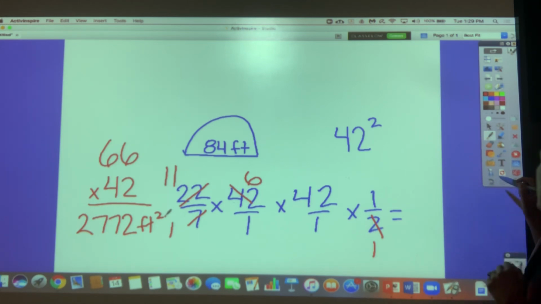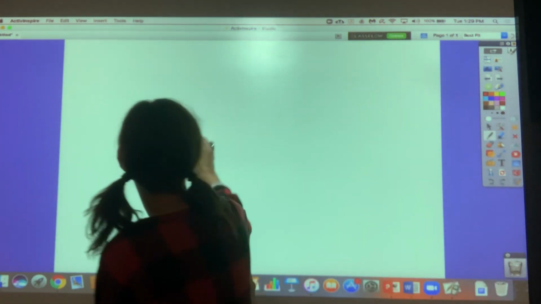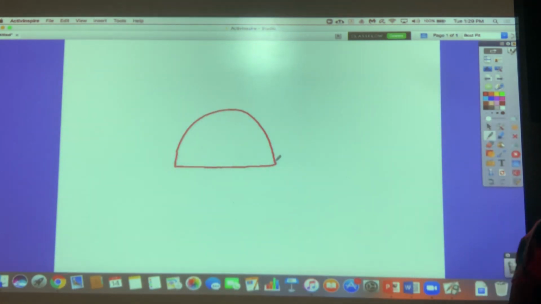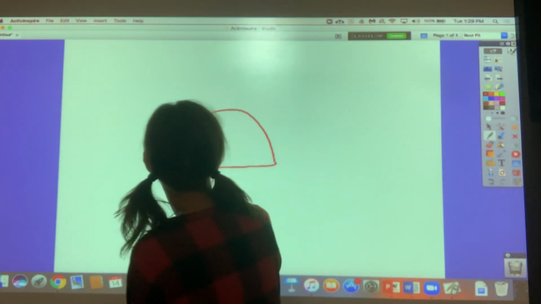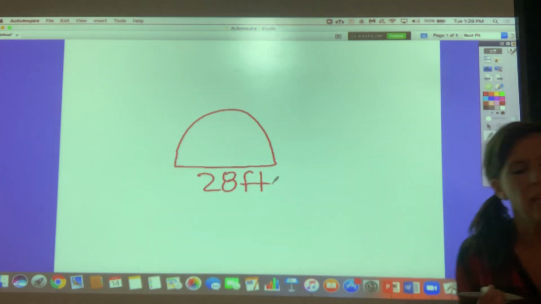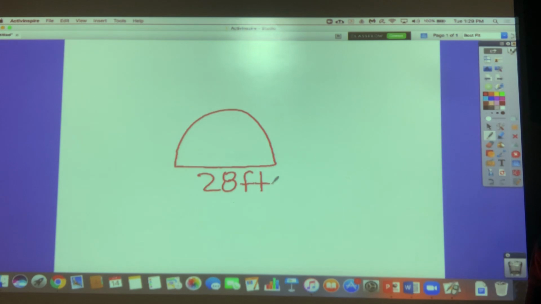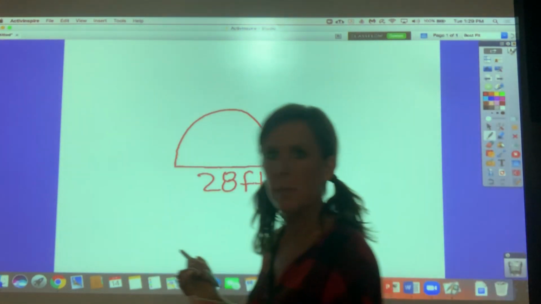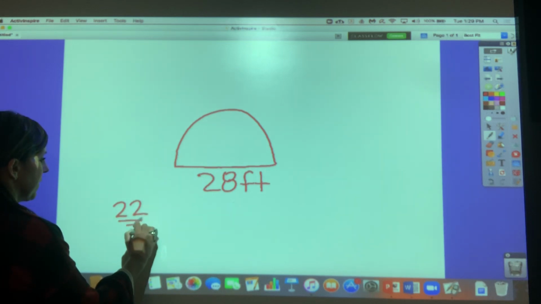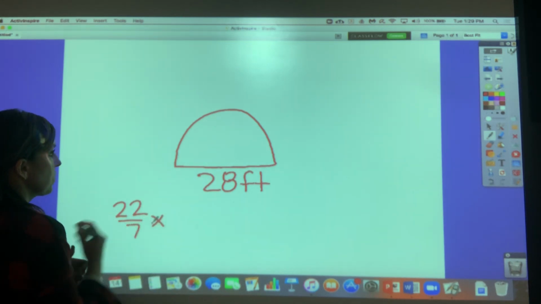So let's say that we have a semicircle and 28 feet is its diameter. Let's do the same thing as we did in the last problem. We're going to use 22/7, so that's pi, times the radius squared.